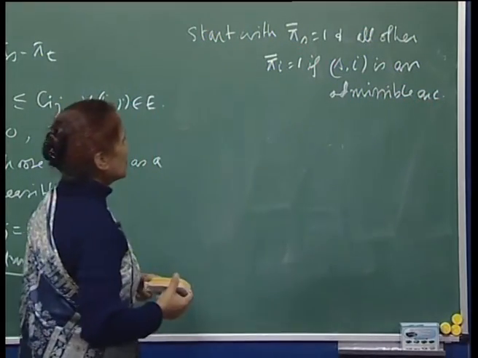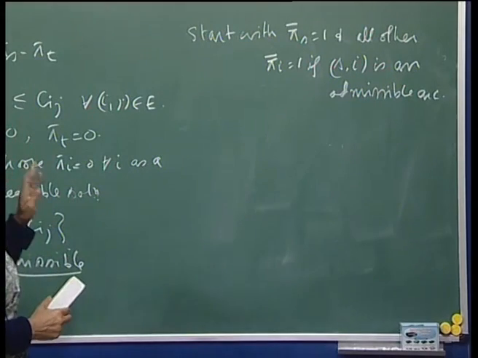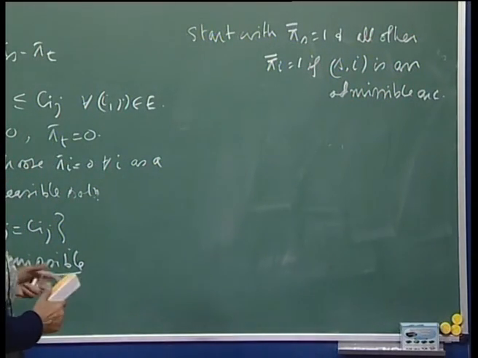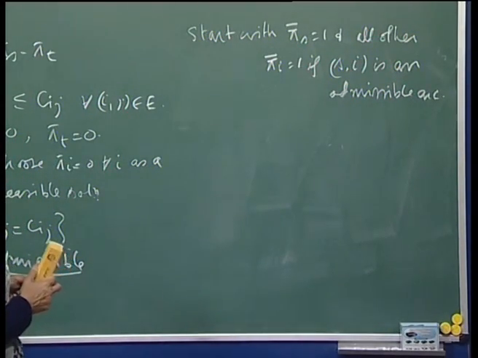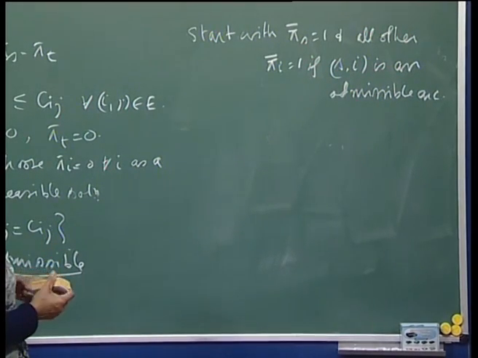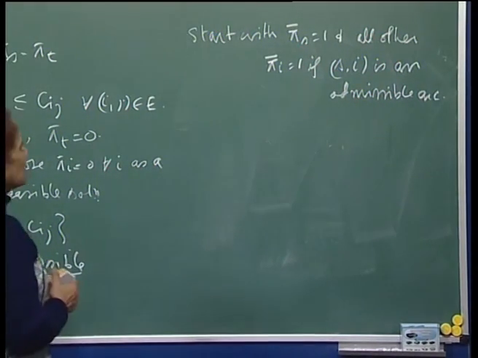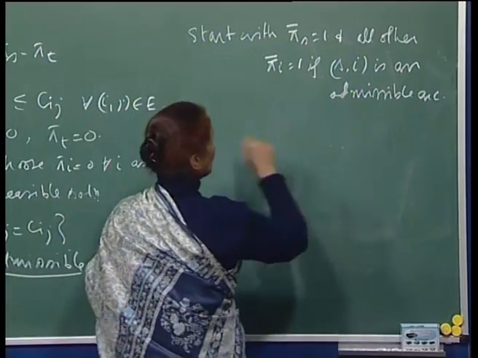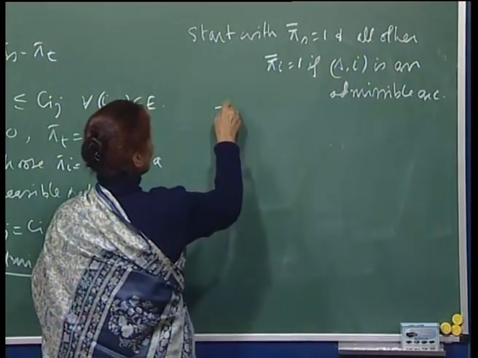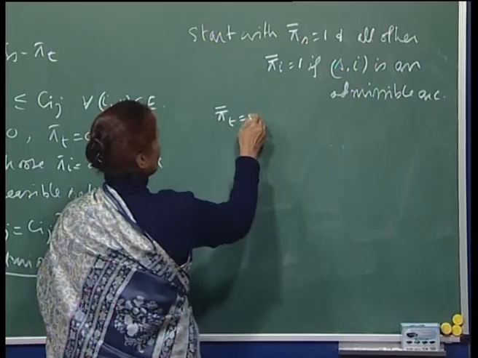Okay. So, actually I should write down the rule for constructing the optimal solution for the restricted dual. Start with pi s bar is 1. So, yes, this is an admissible arc, right, and we have already chosen pi bar t as 0.